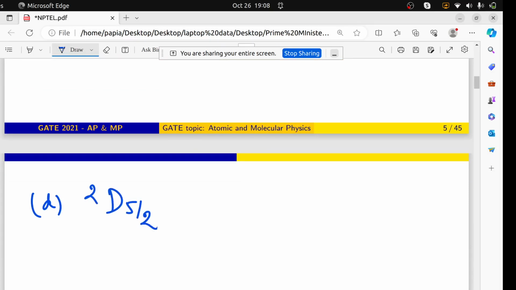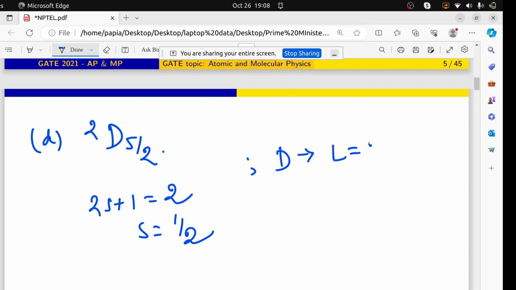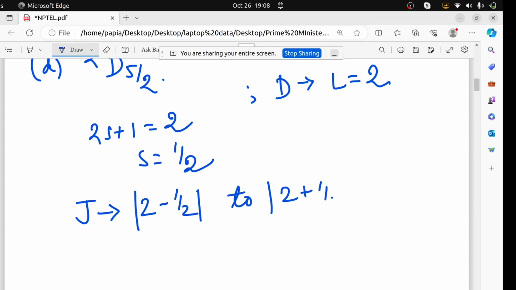2D 5 by 2. Now here you can see 2s plus 1 equals 2, S will be 2 minus half. Now D means L is 2. If L is 2, that means our J will be what? 2 minus half to 2 plus half.